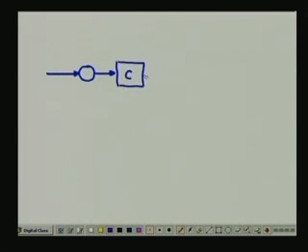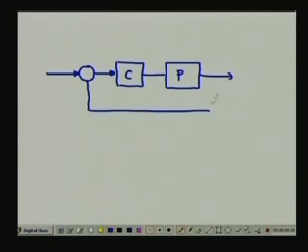So we have found that in our single sensor control loops, let us take the standard control loop. So you have the reference coming here, and here you have the controller C and the plant P, and this is the output, and there is a feedback.